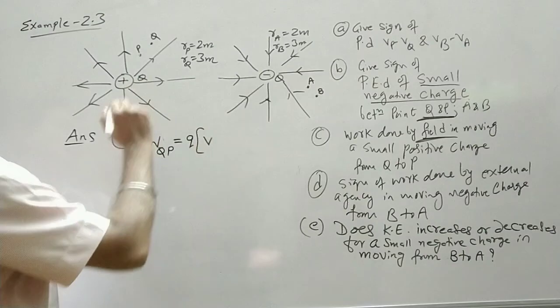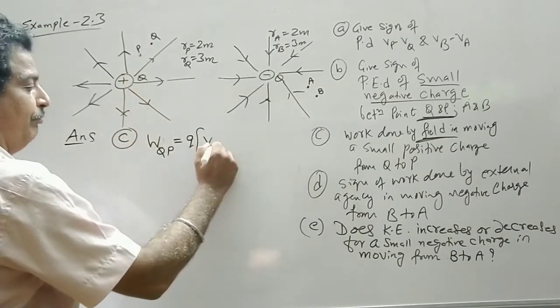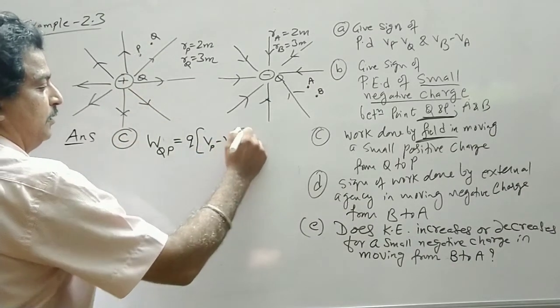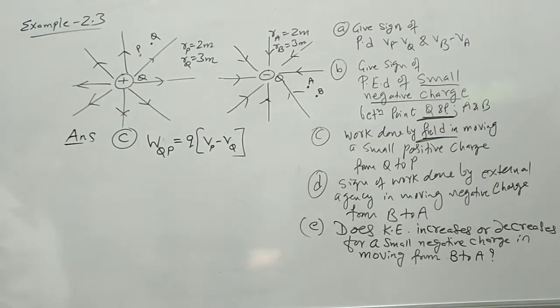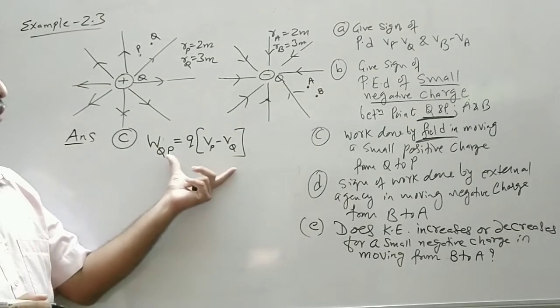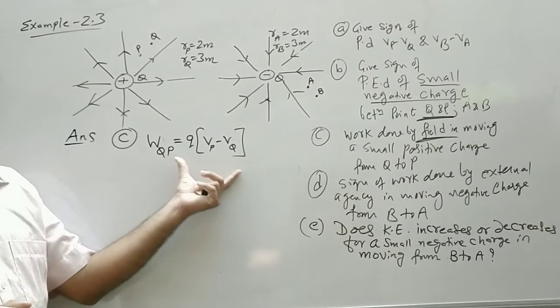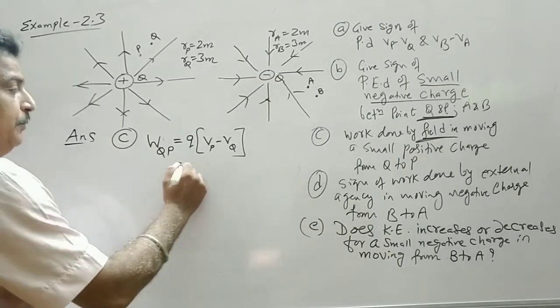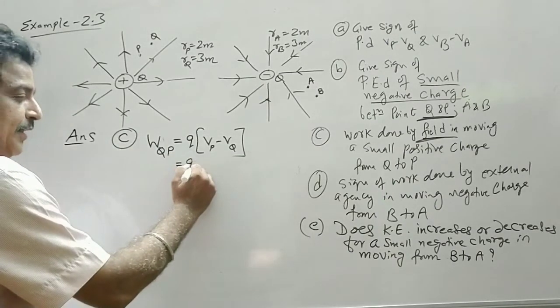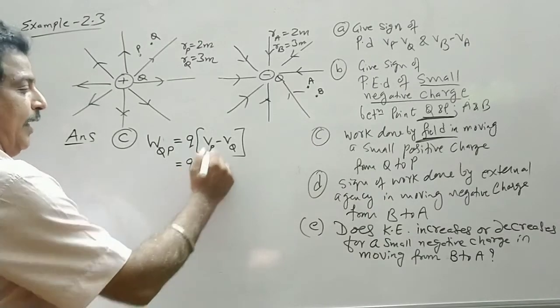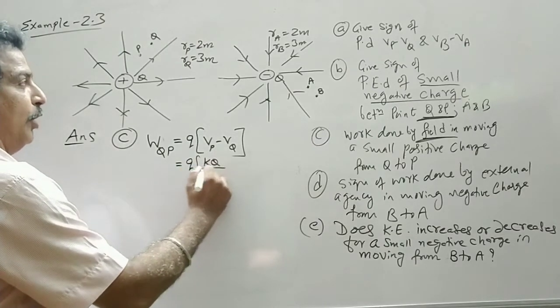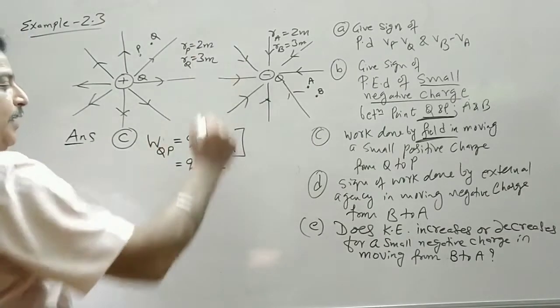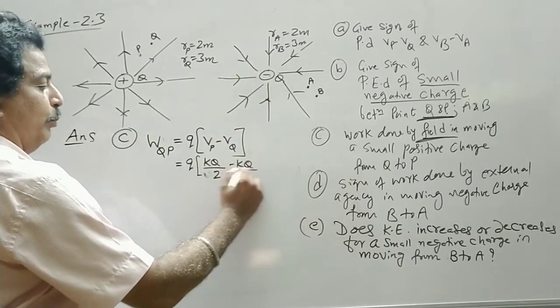So we have to put from Q to P. So Vp minus Vq, that is the work done by the field formula. This is work done by the field. So again, Q is a test charge. I can write Q upon RT, that is RT is equal to minus Q upon 3.